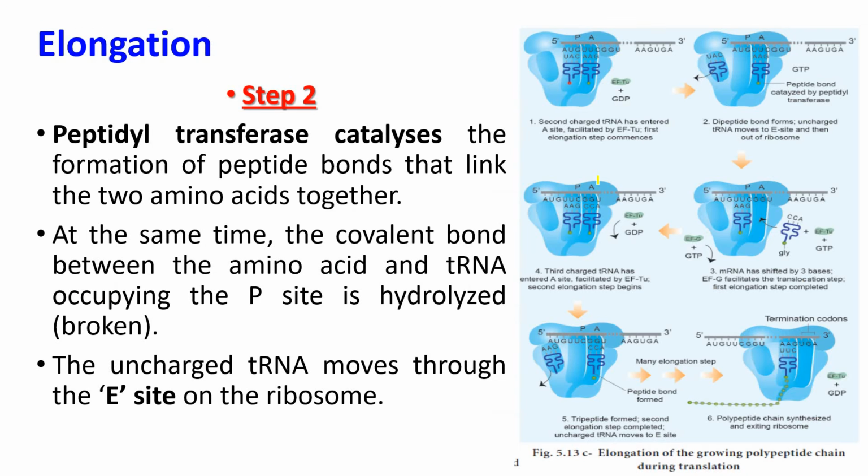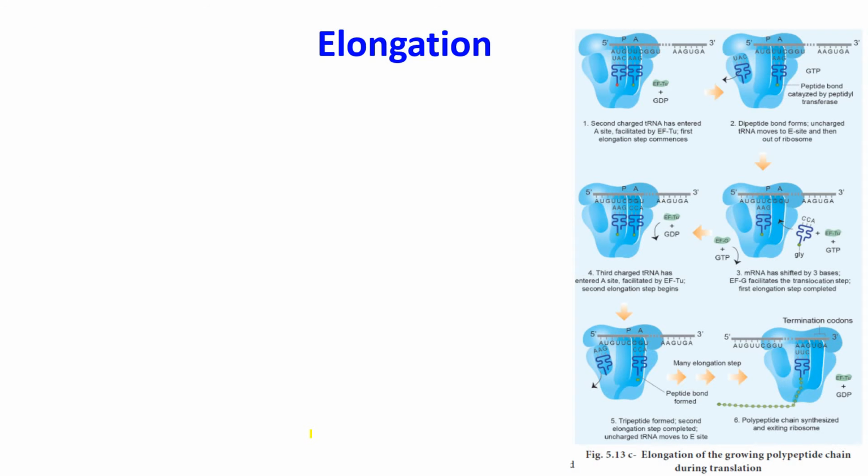Then in the second step, Peptidetransferase catalyzes the formation of peptide bond that links the two amino acids together. At the same time, the covalent bond between the amino acid and tRNA occupying the P site are hydrolyzed. That is, they are released or broken down. So to release this tRNA, the unchanged tRNA moves through E site and they move outside.